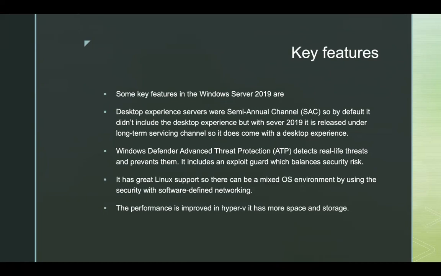Some key features of Microsoft Server 2019 include the desktop experience. Desktop experience is being able to install different applications onto the server. Some examples of the applications are the snipping tool. So Windows Server 2019 uses the long-term servicing channel desktop experience, which makes the experience seamless.